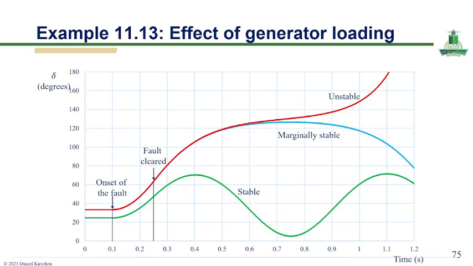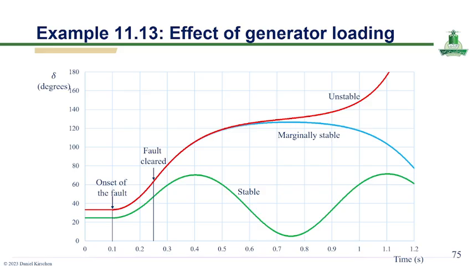This slide illustrates the effect of generator loading on transient stability through the variation of rotor angle delta over time under fault condition. At the onset of the fault, the electrical power output of the generator is reduced, causing the rotor angle to increase as the machine accelerates due to excess mechanical input power.